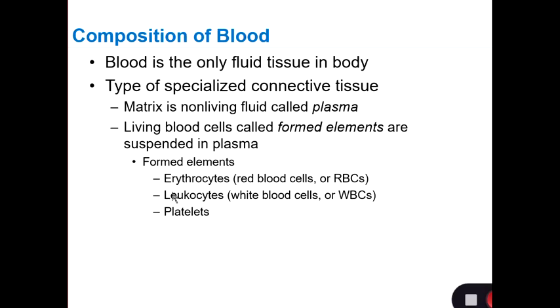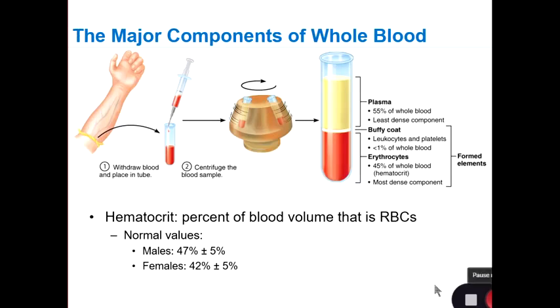We're going to need to go through all three of these types of formed elements, but let's look real quickly at the two main components of blood. That's the plasma and the formed elements, very generally. So this is a good figure from your textbook to explain the two major components and subcomponents from blood.